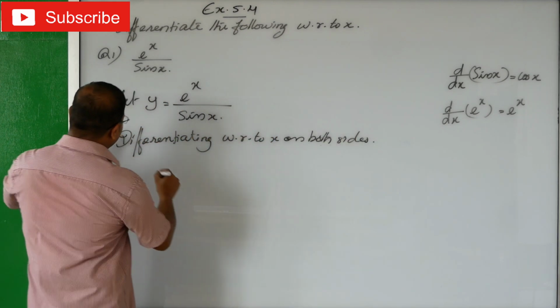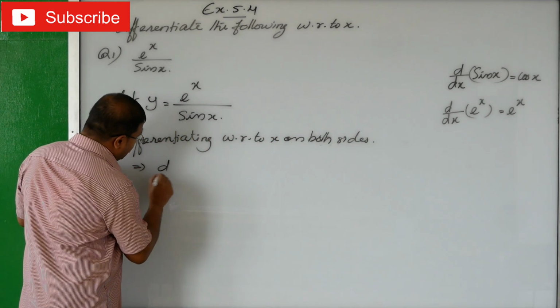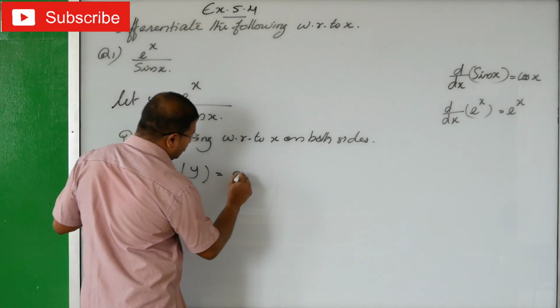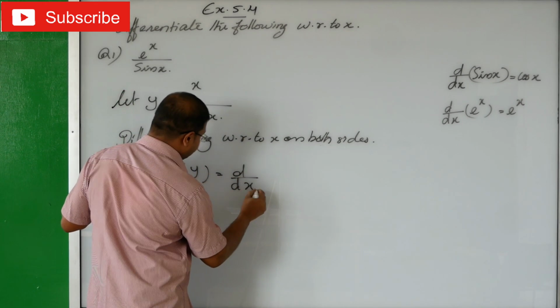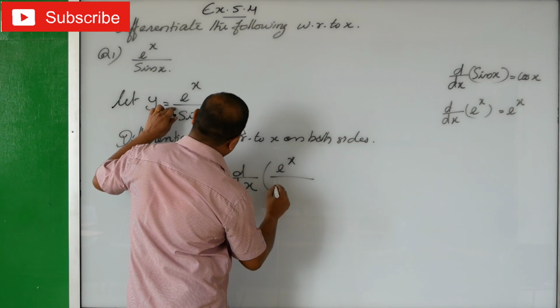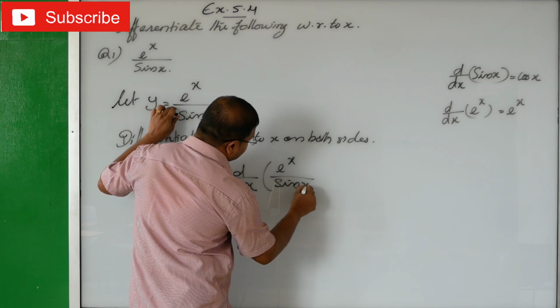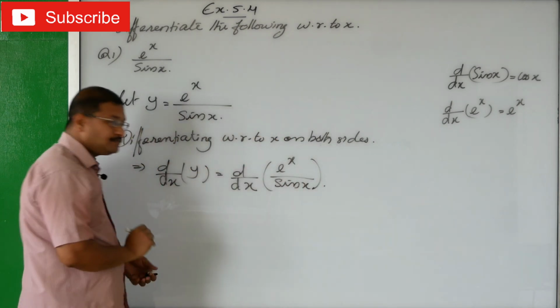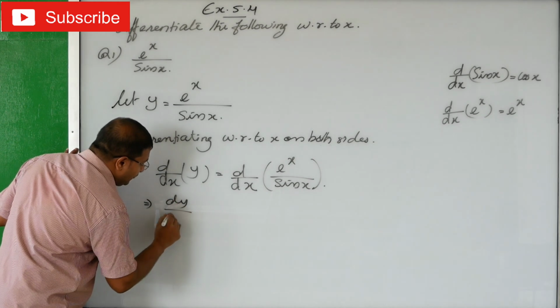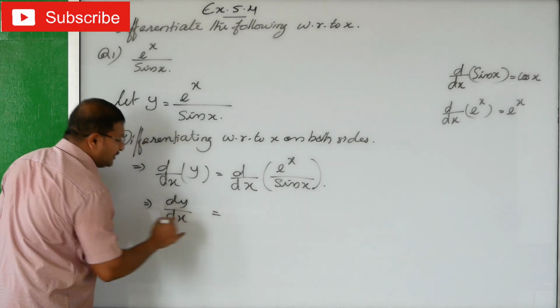This implies we will write derivative of y equals derivative of e raised to x divided by sin x. And we know that derivative of y means dy by dx.